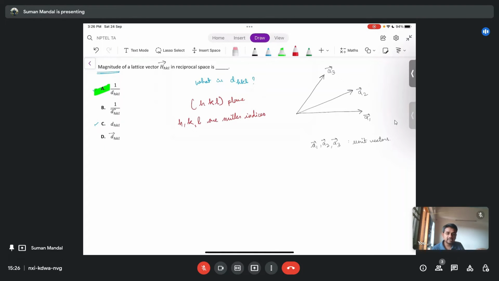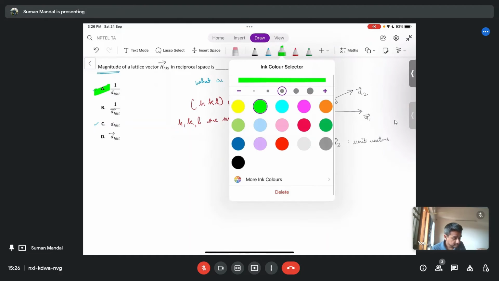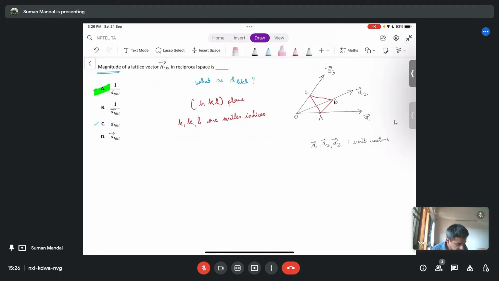So the way that we define them is that if we have a plane here, let's say, and this is the origin, and this is, let's call it A, B, and C. So this is the plane.